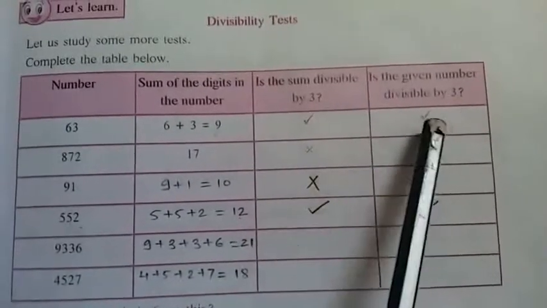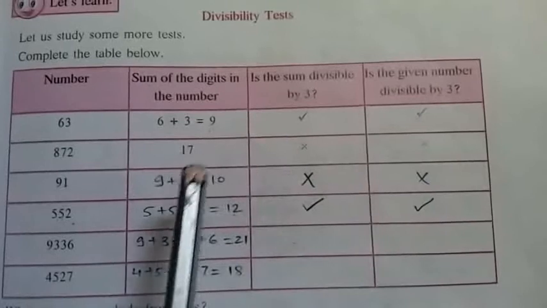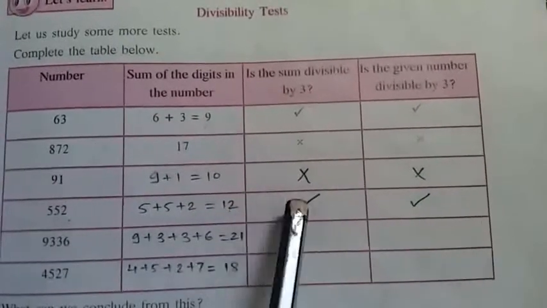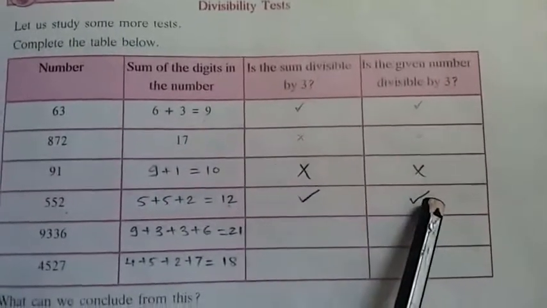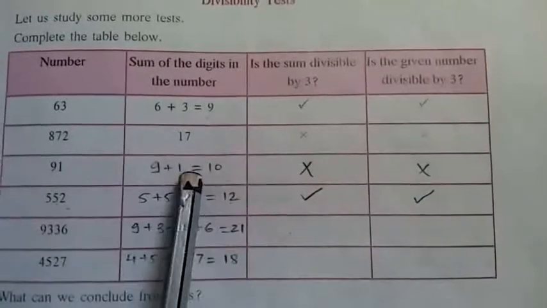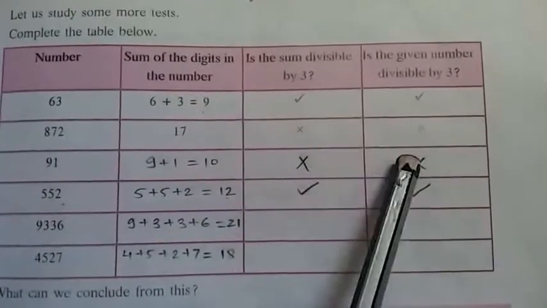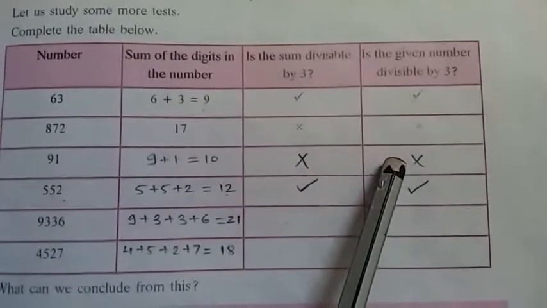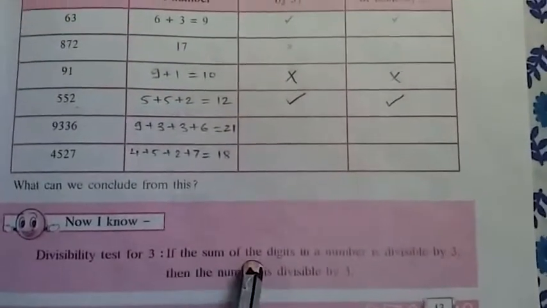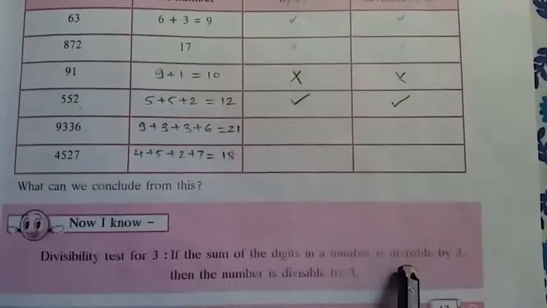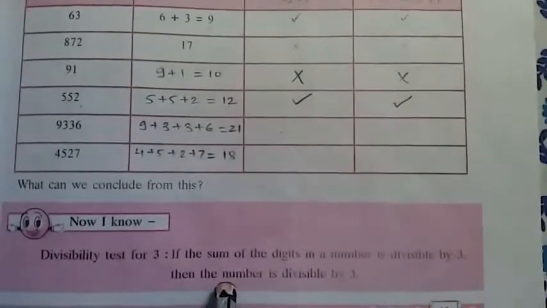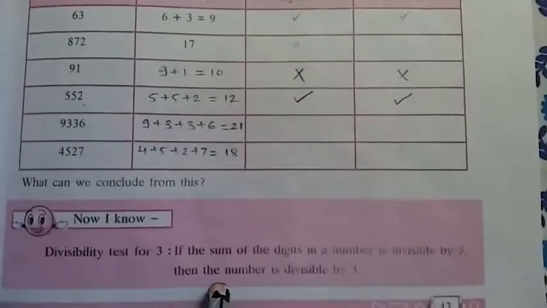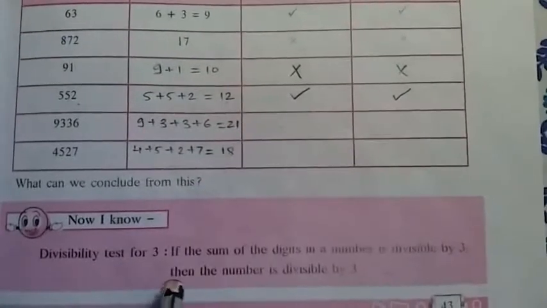Then that number is also divisible by 3. Here also, sum is divisible by 3? Yes. Then that number is also divisible by 3. If sum is not divisible by 3, then that number is also not divisible by 3. Means our conclusion is that if the sum of the digits of the number is divisible by 3, then that number is divisible by 3.